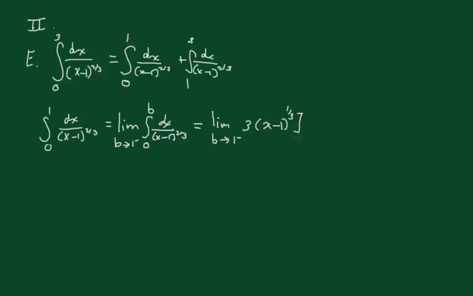Employing the fundamental theorem from 0 to b, we get the limit as b approaches 1 from the left of 3(b minus 1) to the 1/3, minus, when I plug in the 0, 3 times (negative 1) to the 1/3.